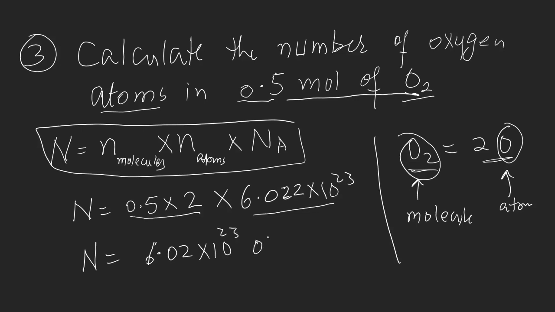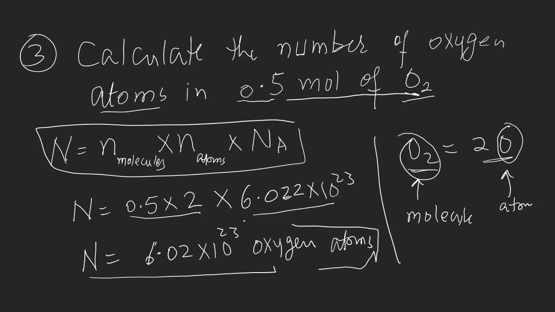Now you need to write that these are oxygen atoms, not molecules. So this was a little bit tricky, but you need to do it this way. We'll see some more examples like this one.